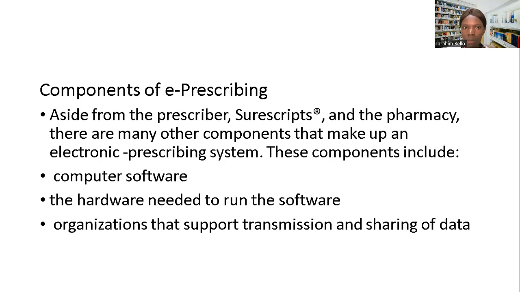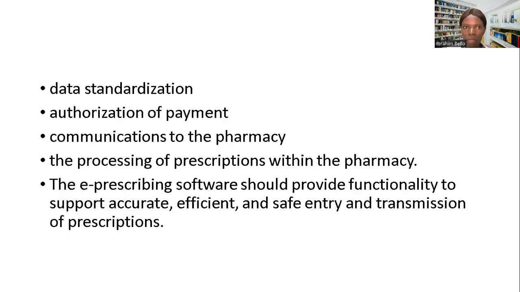These components include the computer software, the hardware needed to run the software, organizations that support transmission and sharing of data, data standardization, authorization of payments, communication to the pharmacy, and the processing of prescriptions within the pharmacy.